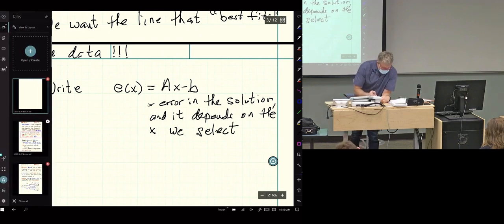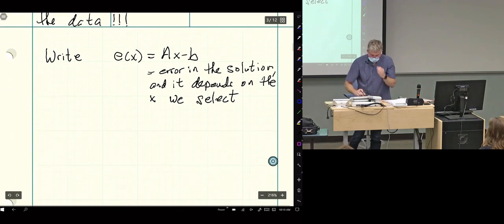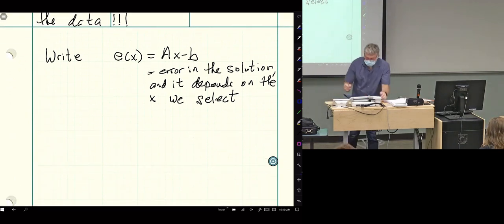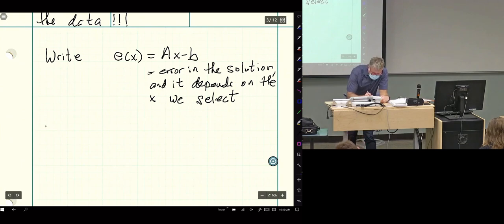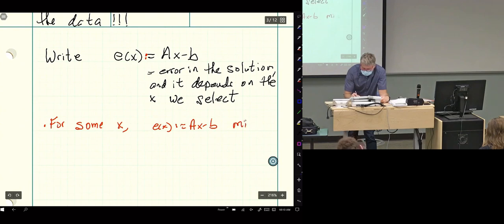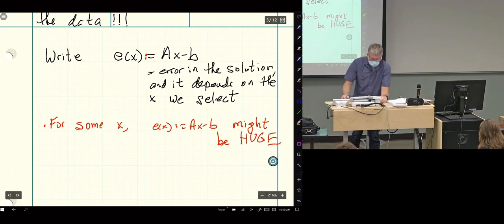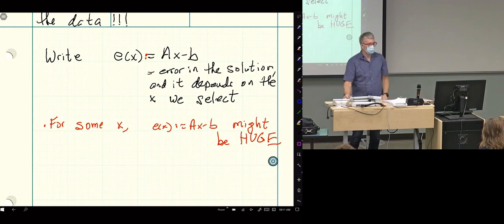Okay. So for some x, e of x by definition equal to Ax minus b might be huge, you know? I just plug in Avogadro's number in every component, and I might just get ginormous numbers out of there.